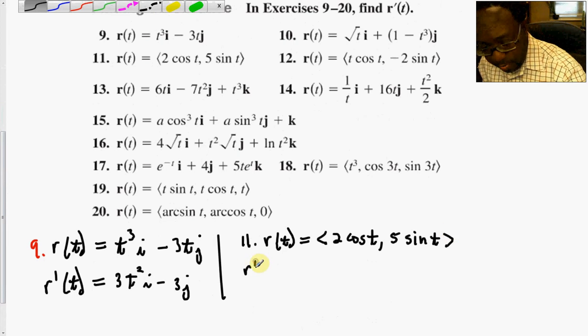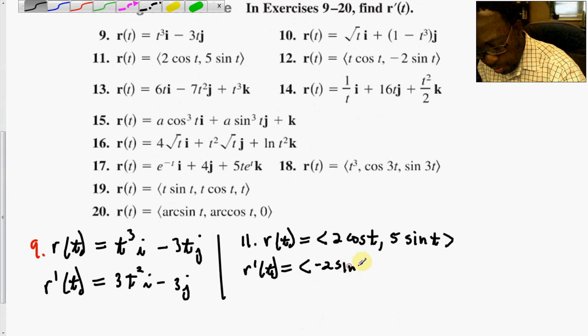So r prime of t is negative 2 sine t, comma, 5 cosine t.